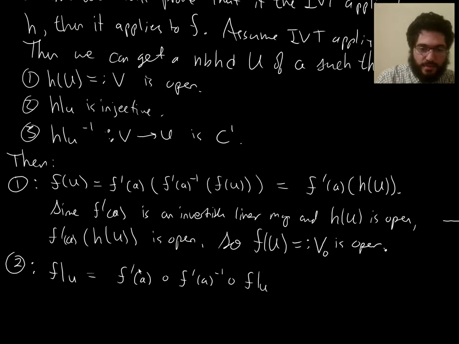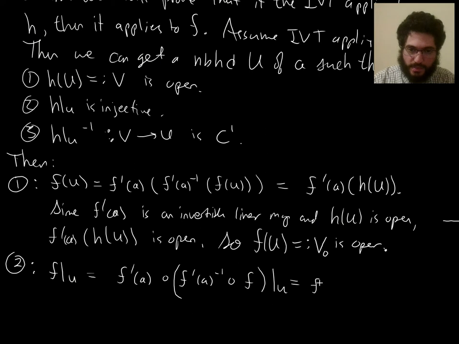Remember, these are just linear maps, f prime a and f prime a inverse. They're maps from Rn to Rn. So there's no danger in composing them with f restricted or unrestricted. So the domain restriction is perfectly okay if it takes place after this first composition. Nothing changes. So then this is f prime a composed with h restricted to u.